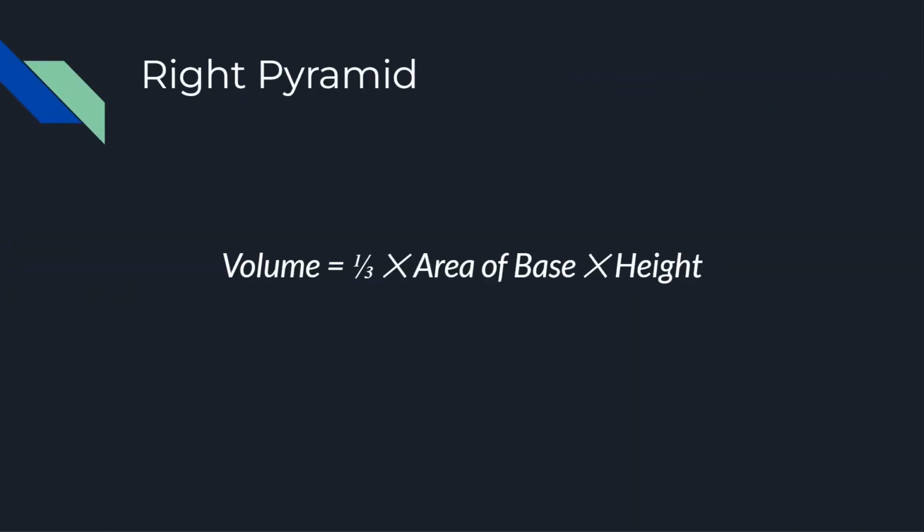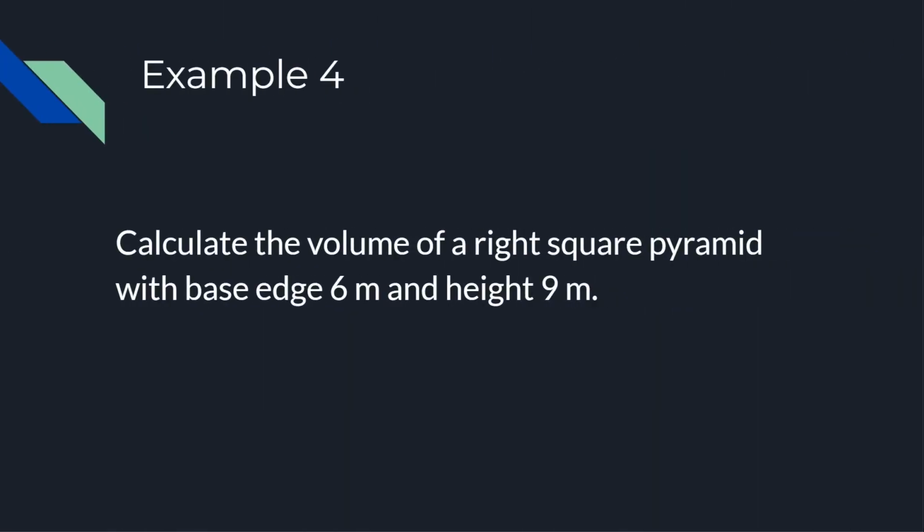The next shape we'll look at is a right pyramid. And this formula works for any right pyramid. As long as you can calculate the area of its base and know the height from the center of the base to the apex, you can use this formula. Let's look at this example.